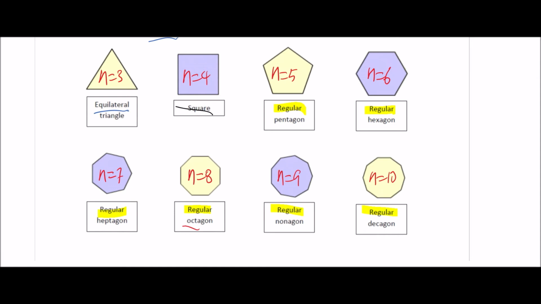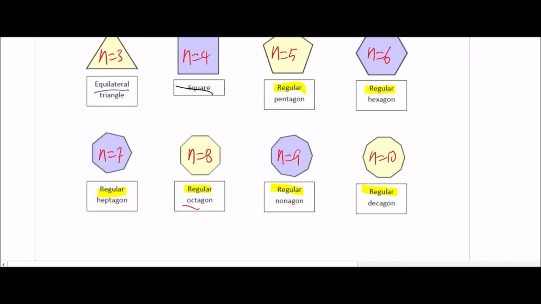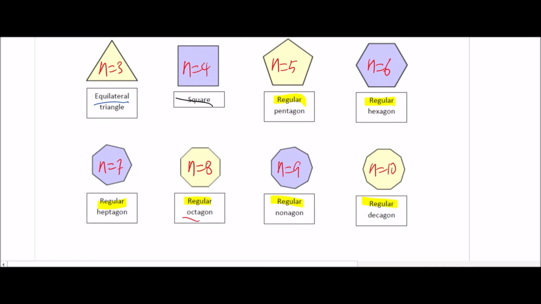Now quite interestingly, as the number of sides increases, from n equals 3 to n equals 4 and so on, what does the shape start to resemble? If you tell me it looks like a circle, then you're absolutely right.